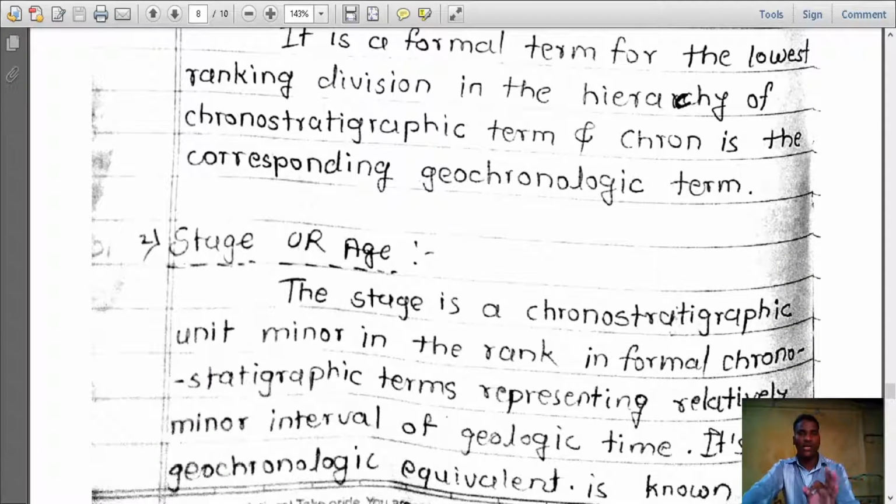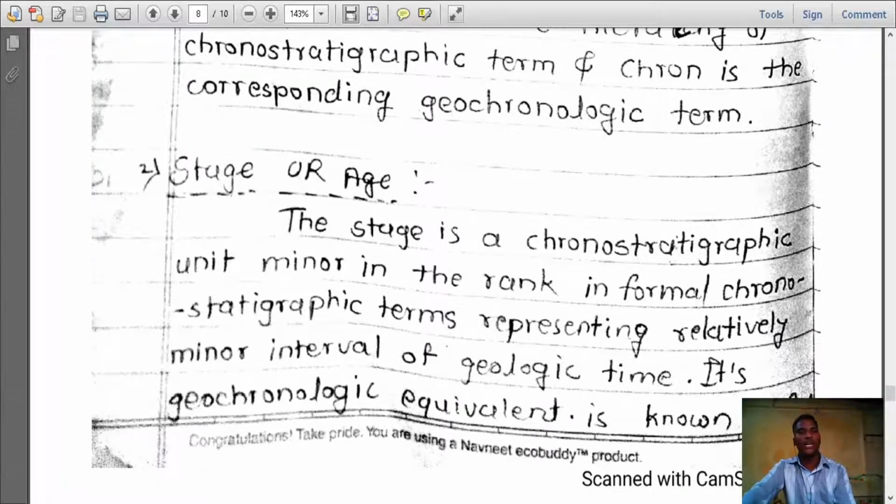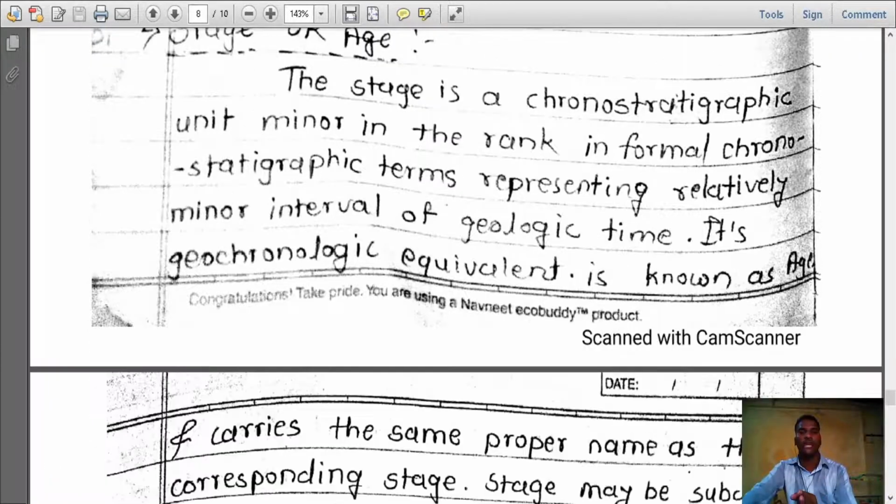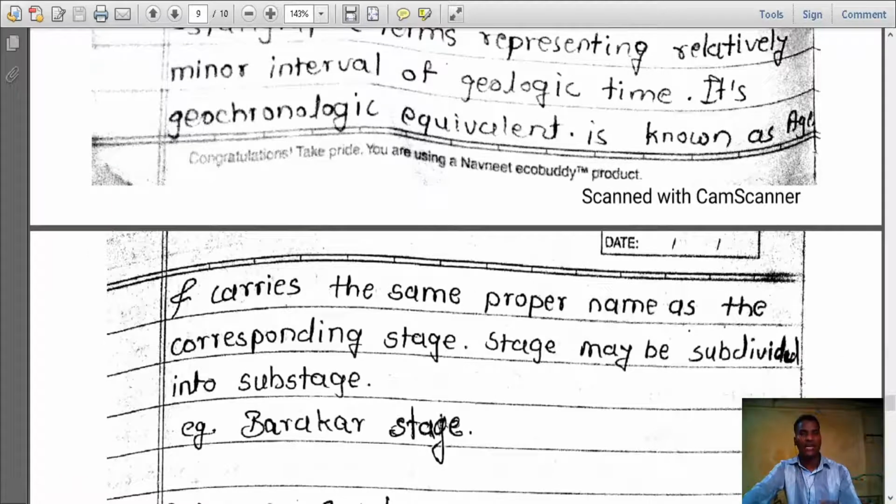The stage is a chronostratigraphic unit of minor rank in the formal chronostratigraphic hierarchy, representing a relatively minor interval of geologic time. Its geochronologic equivalent is known as age and carries the same proper name as the corresponding stage. A stage may be subdivided into substages.